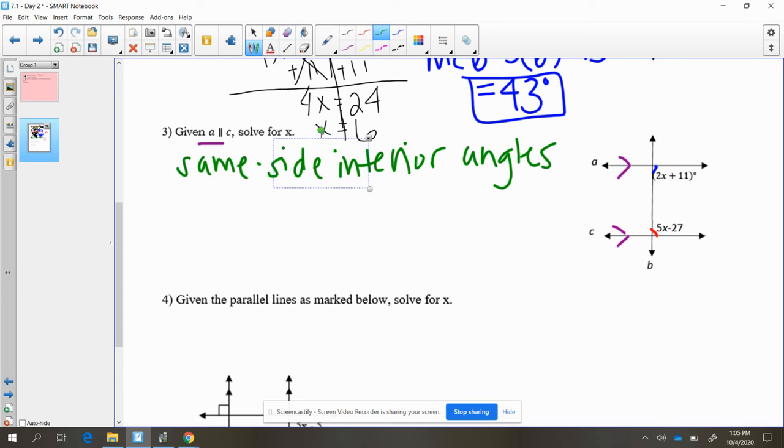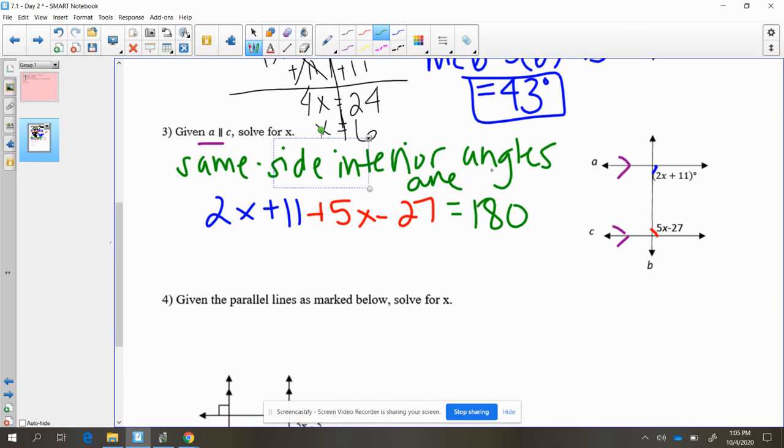Okay, and what we know about same side interior angles is that they are supplementary. So we have 2x plus 11 plus the 5x minus 27. They are going to equal 180 because same side interior angles are supplementary. Remember, SSS, right? Same side supplementary. Okay, and again, these are interior because they fall inside of the parallel lines.